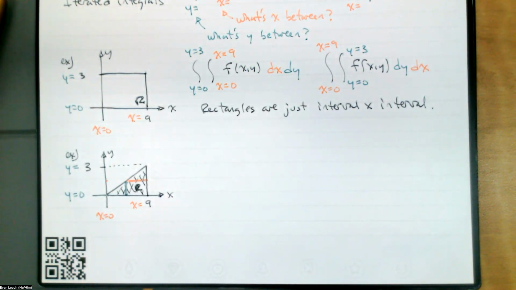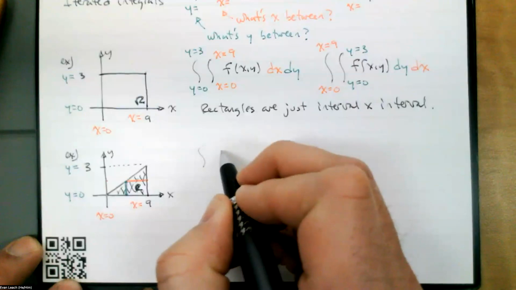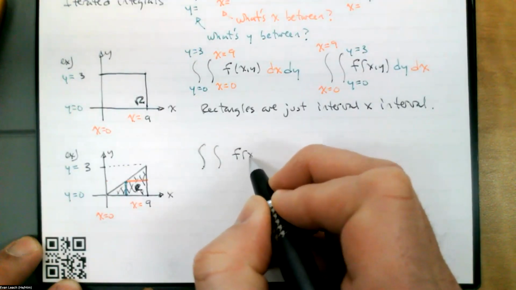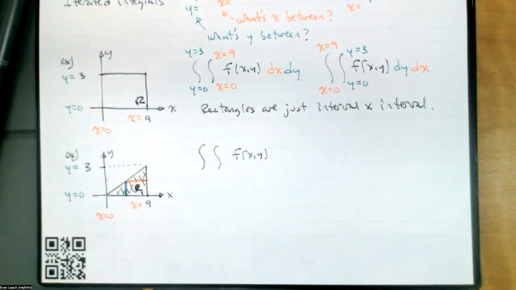So let's set up a double integral, and let me mention one of the other rules for setting up a double integral. When you're setting up a double integral, the last integral, the outside integral, only gets to use constants.